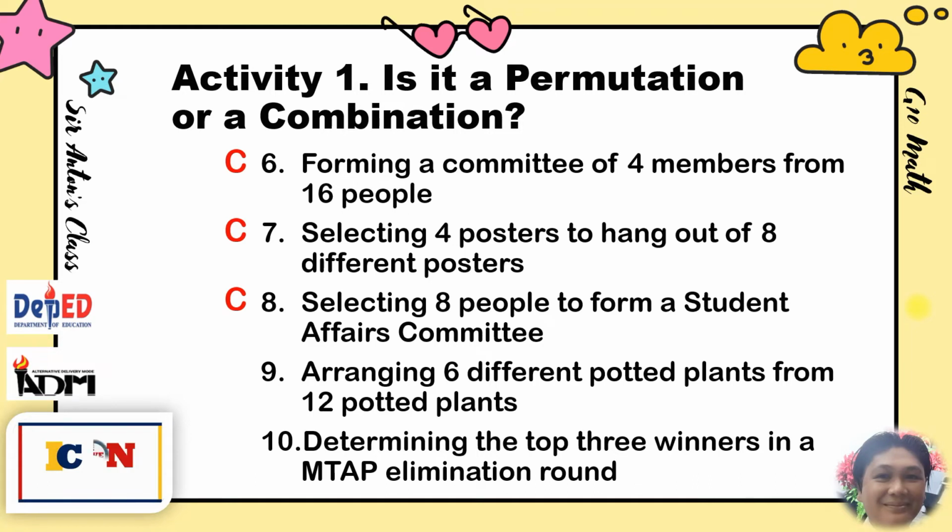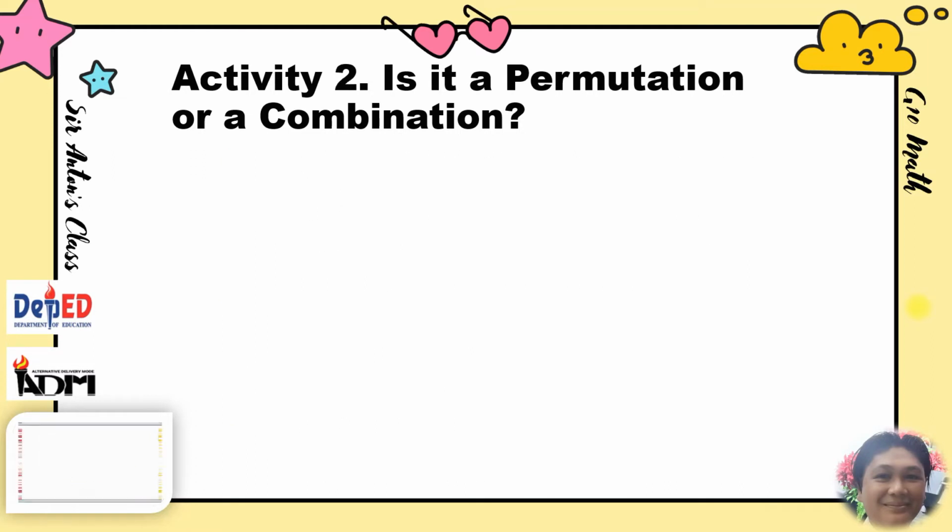That is a P. Yes, a permutation. Arranging. And number 10, determining the top 3 winners in an elimination round. That is another P. Yes. So I hope at this point you'll be able to identify which is a combination and which is a permutation. Let us have another activity. Activity 2.